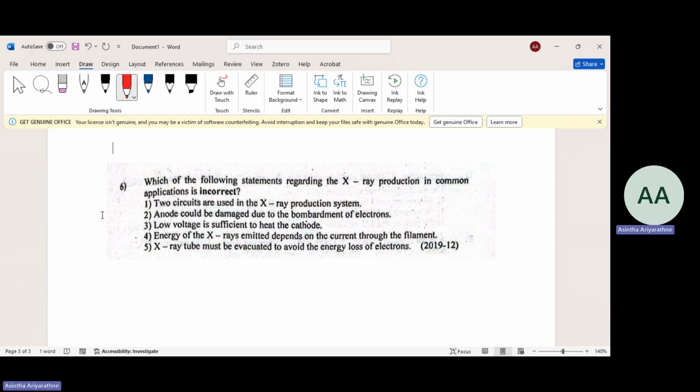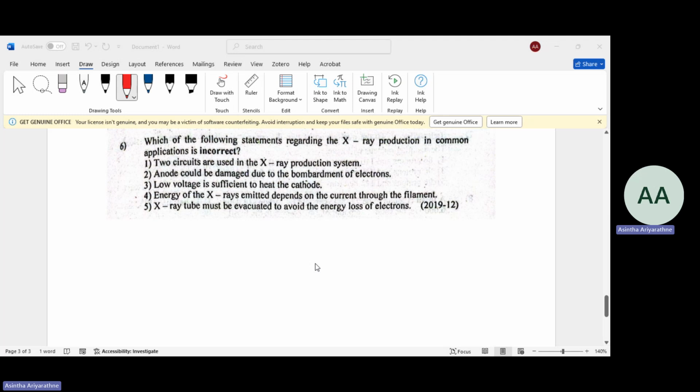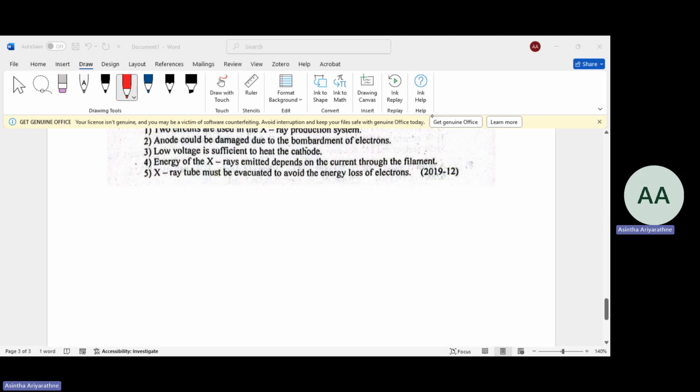X-ray tubes must be able to avoid the loss of electrons, yes. No, the energy of X-rays emitted depends on the current through the filament, that's incorrect. That depends on the voltage difference.